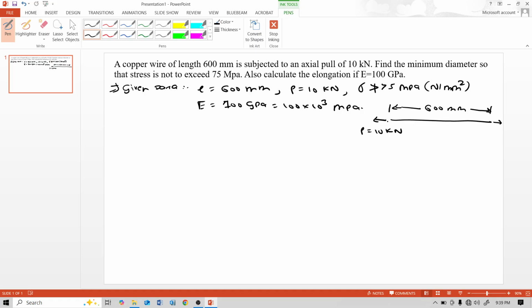First, we have to find the minimum diameter of the copper wire so that the stress does not exceed 75 MPa. Second, we have to calculate the elongation.